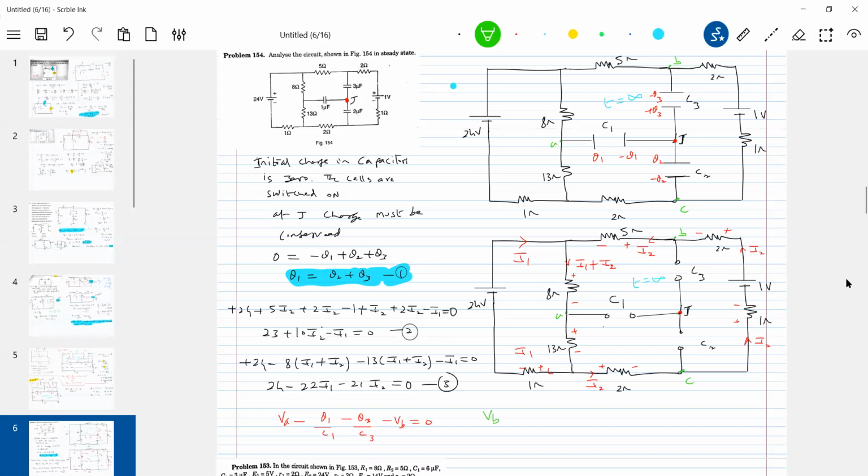VB minus plus Q3 by C3 minus Q2 by C2 minus VC equals 0. I'll just write the equation. Later on, you can solve it. If time permits, you solve it or just leave it. Doesn't matter.